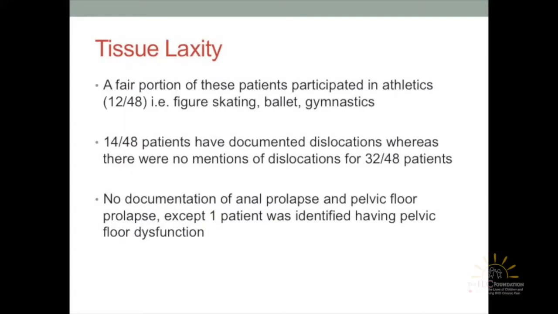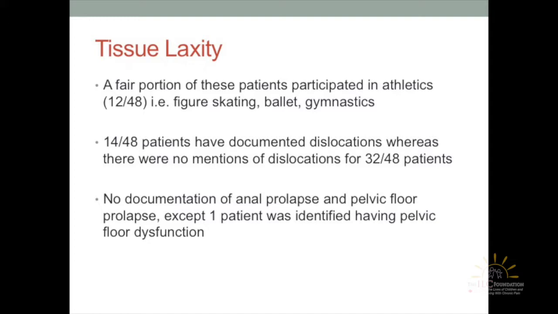The other issue is tissue laxity. So a fair portion of our patients actually were involved in sports, and we looked into that fact because we wanted to see whether patients being more flexible, more hyperextensible, are inherently predisposed to doing better in some sports such as figure skating, ballet, and gymnastics.